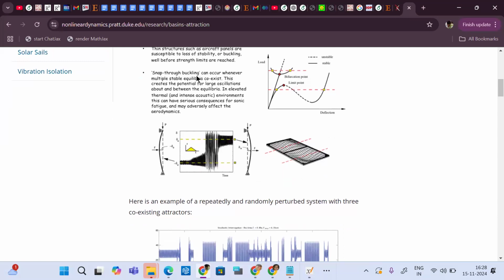Such things occur because there are multiple stable equilibria coexisting. This creates the potential for large oscillations about and between the equilibria.